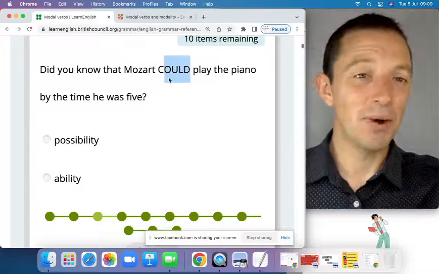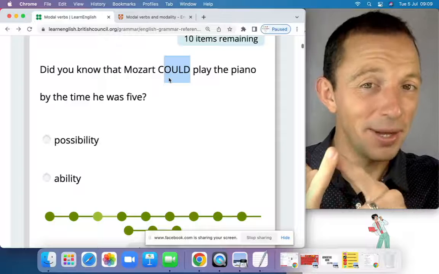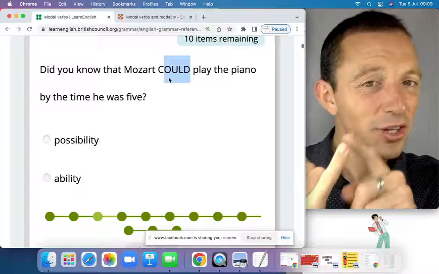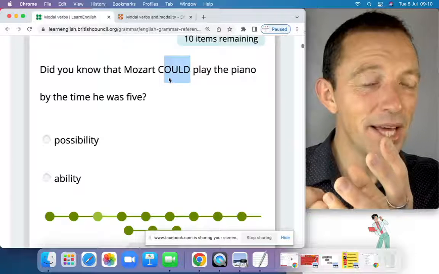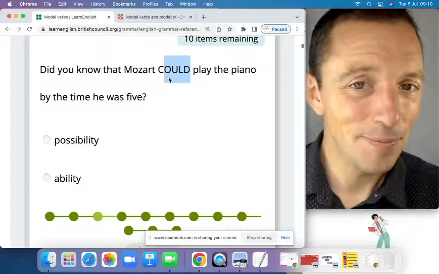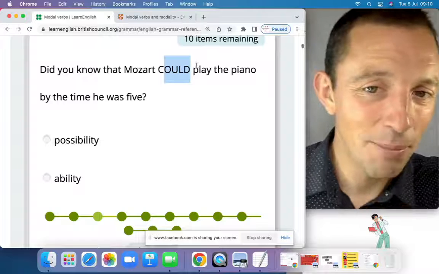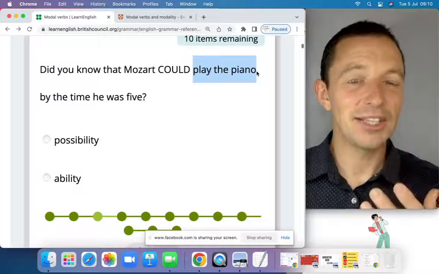So could is the modal verb. Normally could is for possibility. And also could, I think, is the past of can. So it could be ability also, and playing the piano is certainly related to ability.